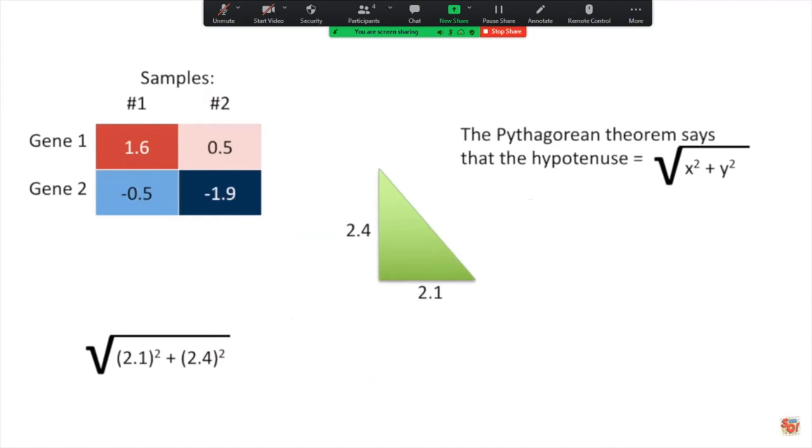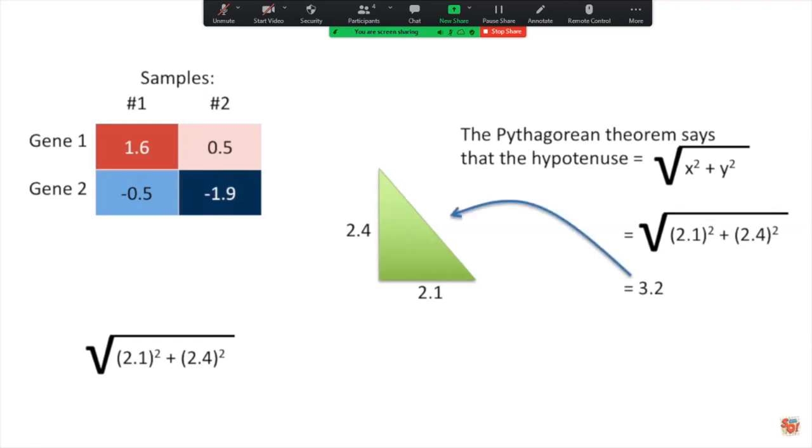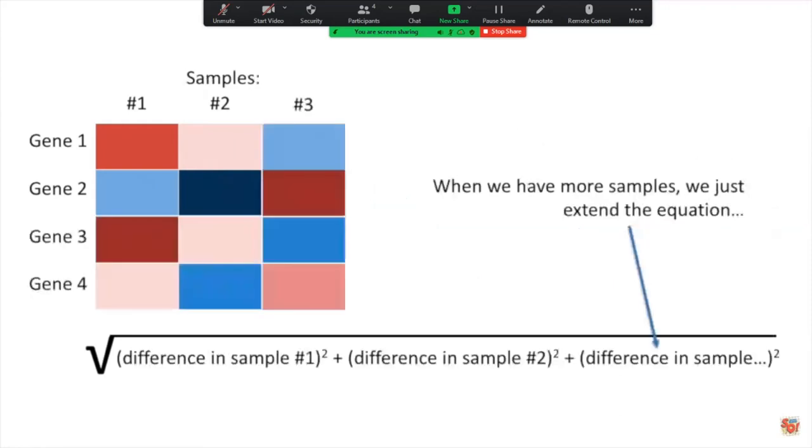The Pythagorean Theorem says that the hypotenuse equals the square root of x squared plus y squared. In this case, that means the square root of 2.1 squared plus 2.4 squared. And that gives us 3.2, the distance between gene number 1 and gene number 2.